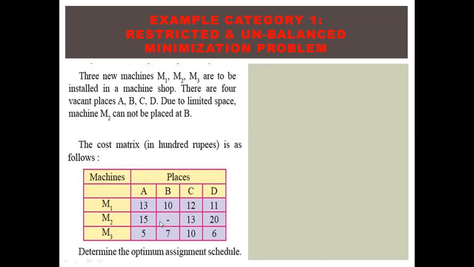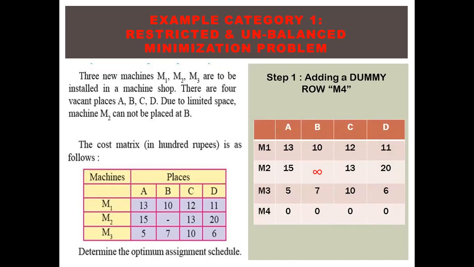So class, whenever you see any vacant place such as a dash or a blank space in a particular problem, you have to assign a specific symbol to it. So either you can write capital M or you can put the sign of infinity as follows. So here is step number 1.